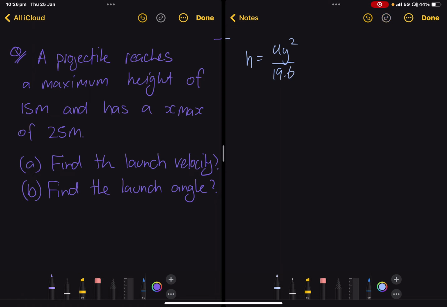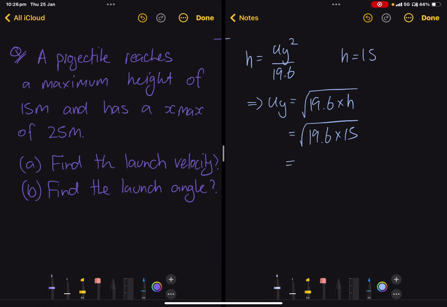This is often written as 2 times g in the denominator. Now we know the max height in this case is 15, so we can solve this to find the initial velocity in y. This tells us initial velocity in y is equal to the square root of 19.6 times the height. So this will be the square root of 19.6 times 15.